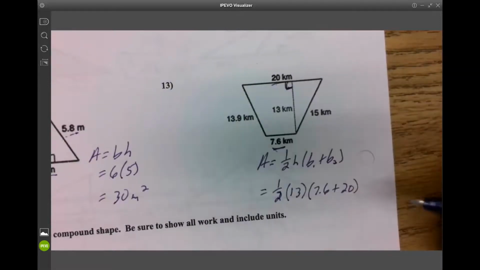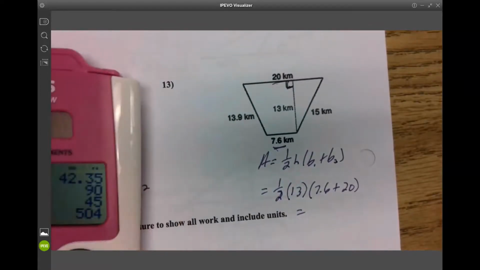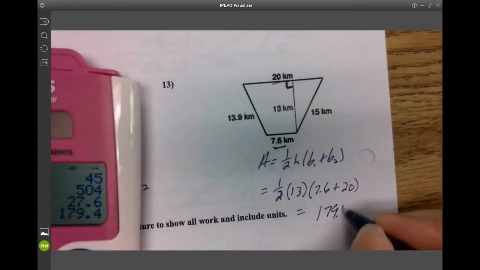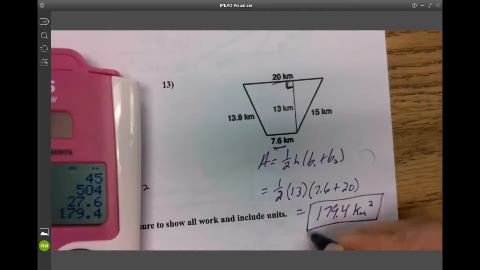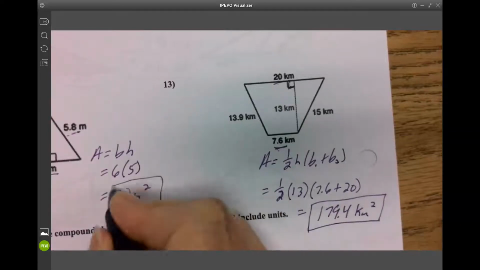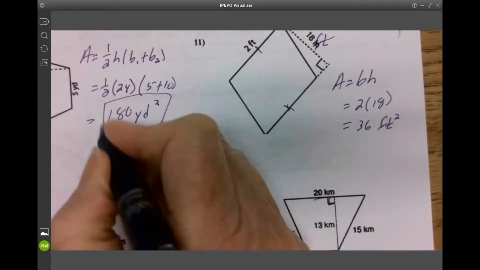These 15s and 13.9s, they're just there to throw you off. Okay, so make sure you're paying attention and you know what's happening. So 7.6 plus 20 times 13 times 0.5, and we get 179.4 kilometers squared. Make sure you put a box around your answer when you're taking the test so I can find it.